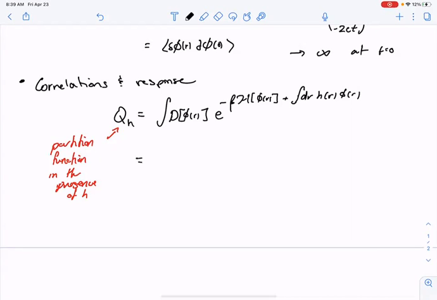You all know that there's a trick we can do, which is to rewrite this as a product of a partition function in the absence of the field and an expectation value over the exponential of just that field times our order parameter, averaged in the absence of the field.